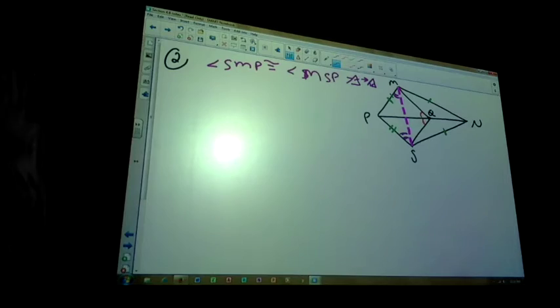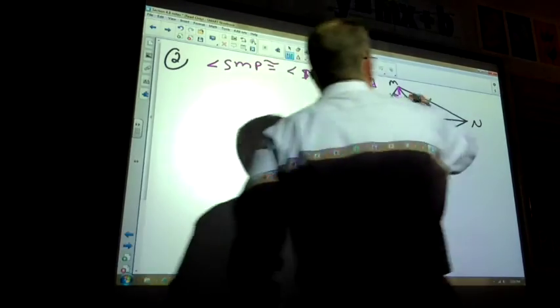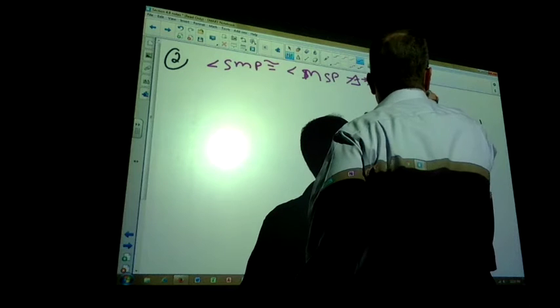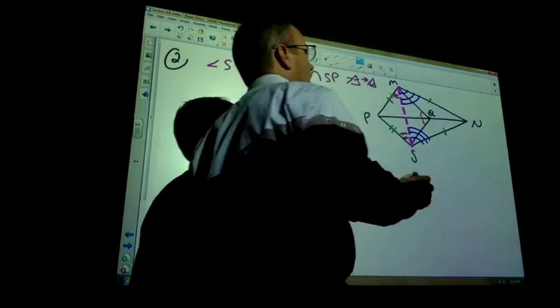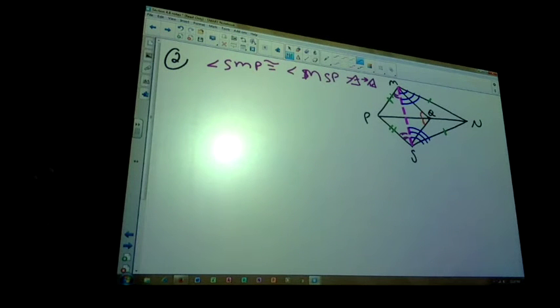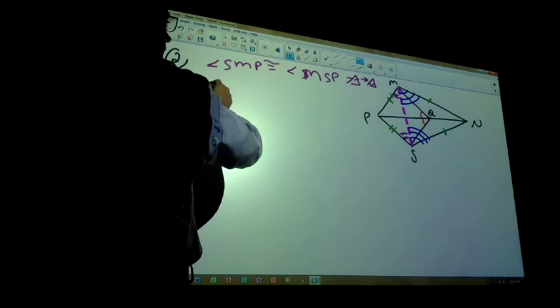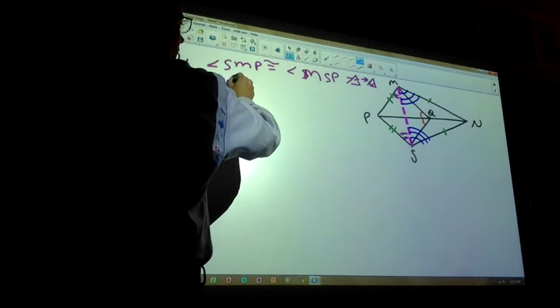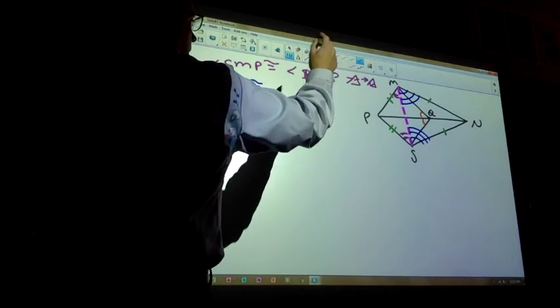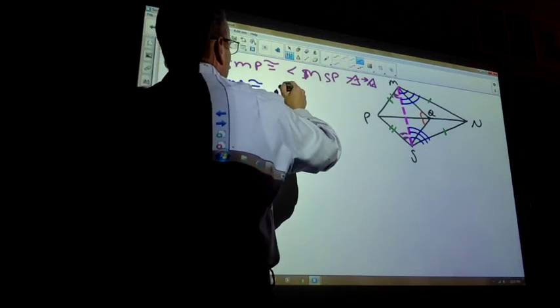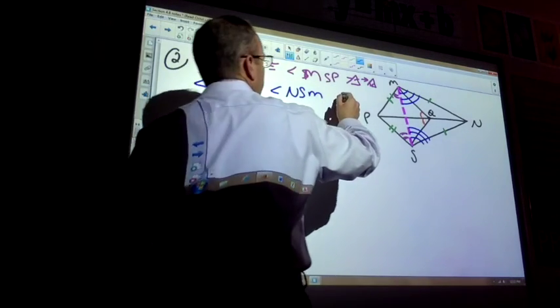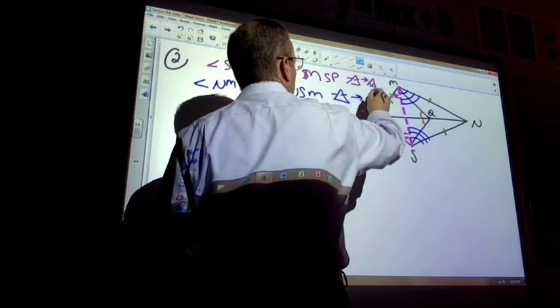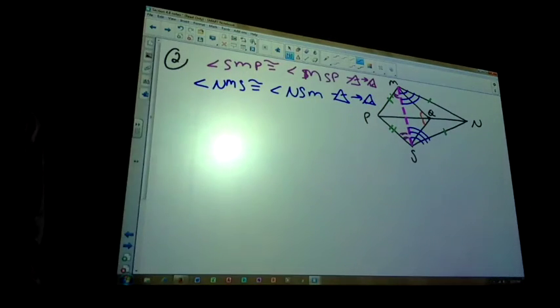Shh. I'm going to do a triple angle here. 1, 2, 3. Why can I state that? To get the exact same reason. So then I can say that angle NMS is congruent to NSM. Because we know this to this. Okay?